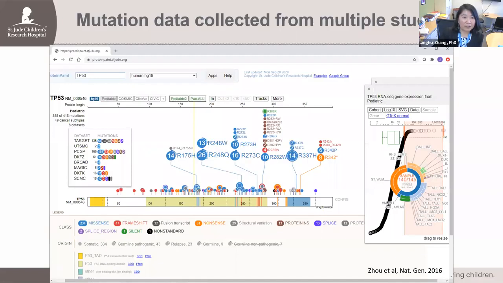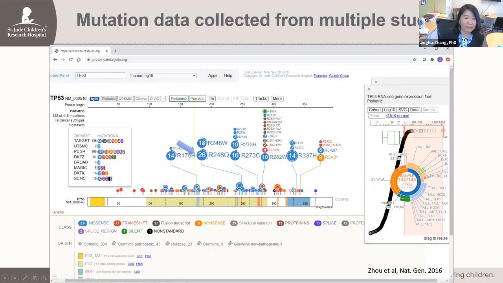For example, at the TP53 gene locus we are able to incorporate data from 3 published studies, and also have an approach of showing both the sequence mutations as well as expression changes in parallel for this type of investigation. The sequence mutations include those identified at diagnosis as well as those found at relapse.